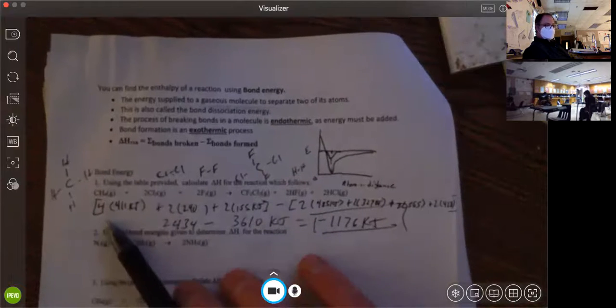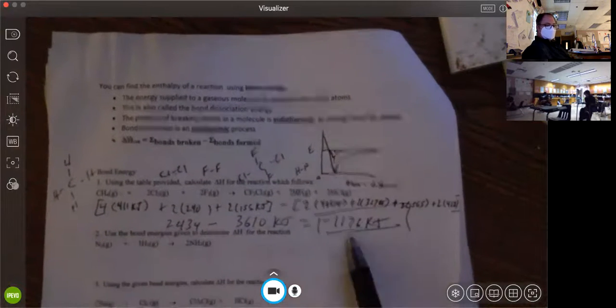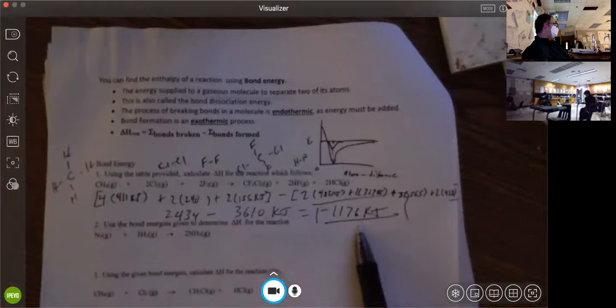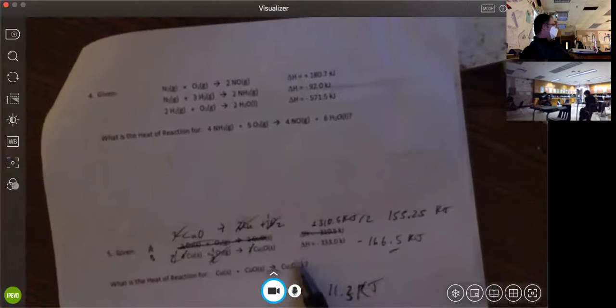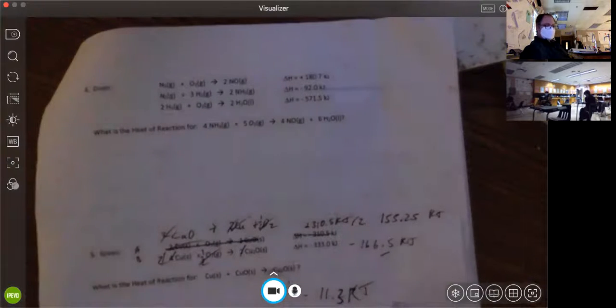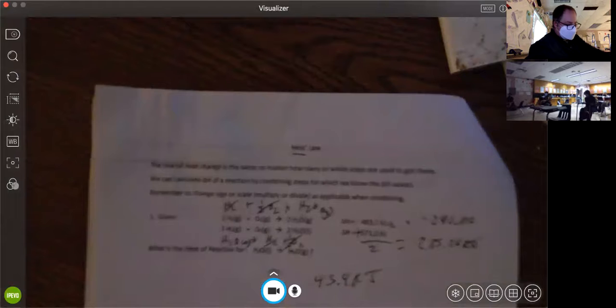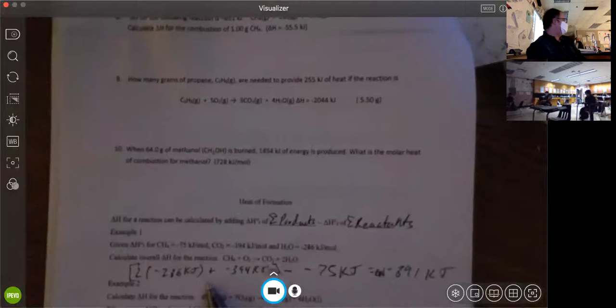We have the way to break the bonds and reform them and figure out approximately the delta H of reaction. We have a way to look at many different reactions and pathways and put them together in one to find the delta H of the reaction. And we have the way to use a table of standard heats of formation to take the products minus the reactants and determine the delta H of a reaction. Bada bing, bada boom.